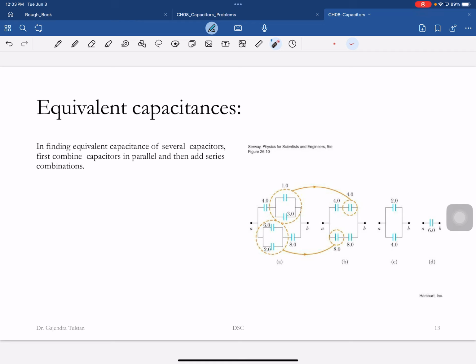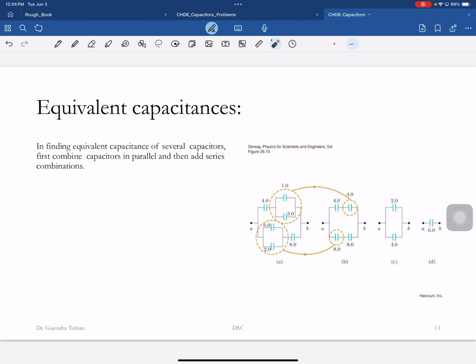You'll be solving circuits eventually. You'll have a mess of capacitors like this, and eventually you'll need to find the charge on each one of them. So what you have to do is work backwards. You reduce this to a single capacitor first, find the charge on that, and then work backwards.